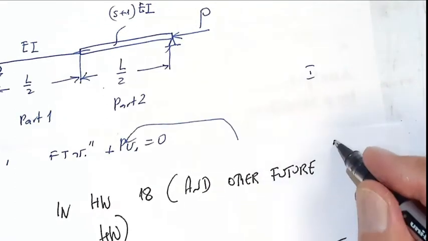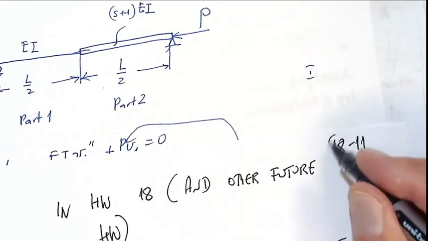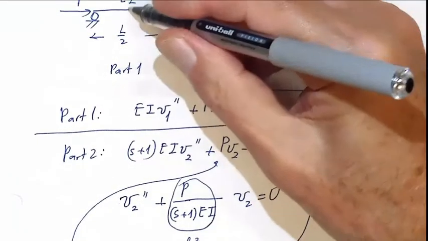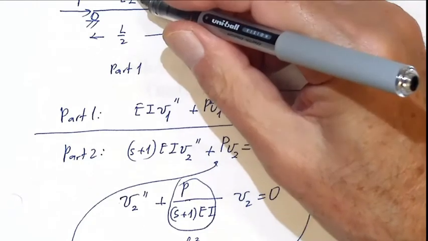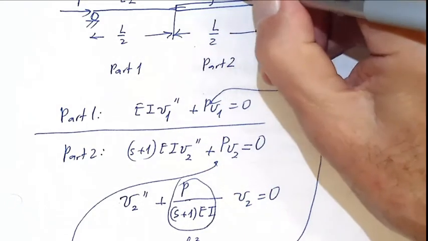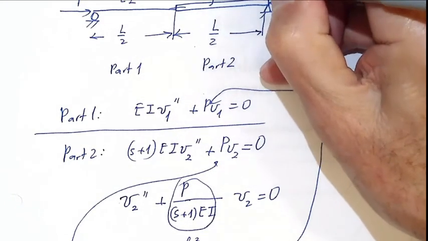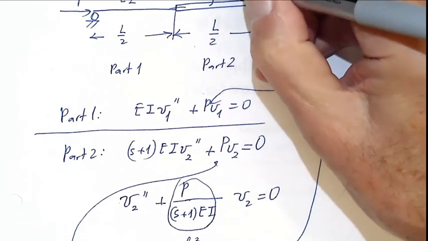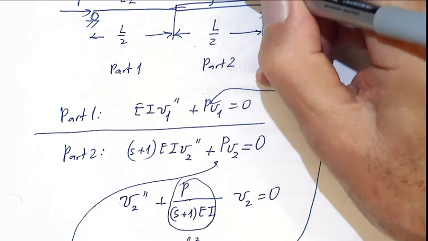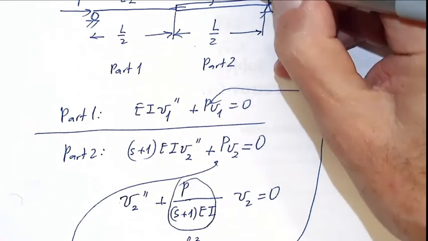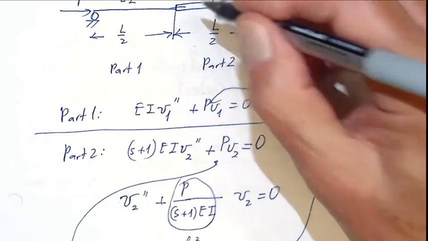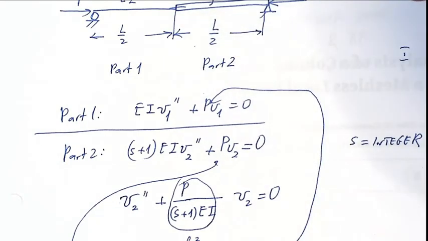Okay, so that is 18.11. I have the first part, EI, second part, S plus 1 EI. Why did I choose S plus 1? I could have chosen S EI, but then the first student would have a uniform column, and I did not want student number 1 to have a uniform column.